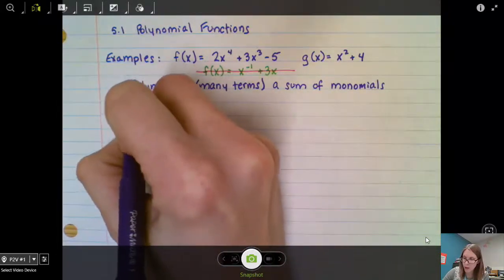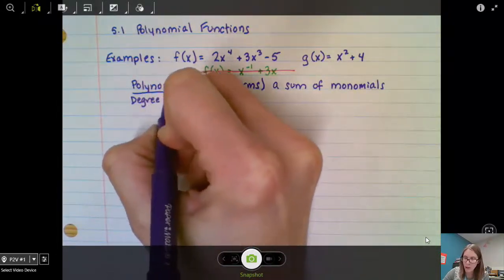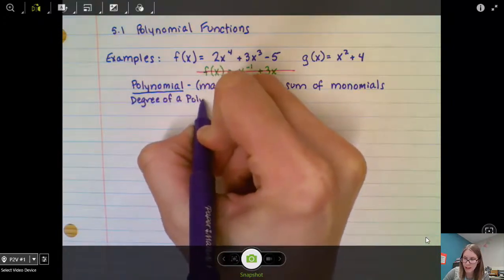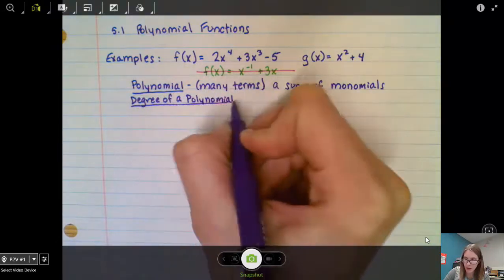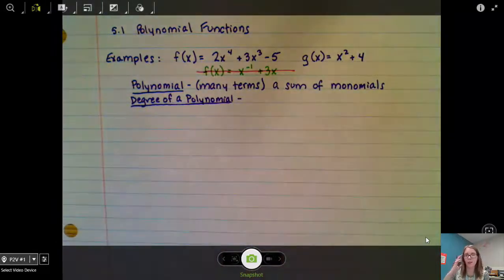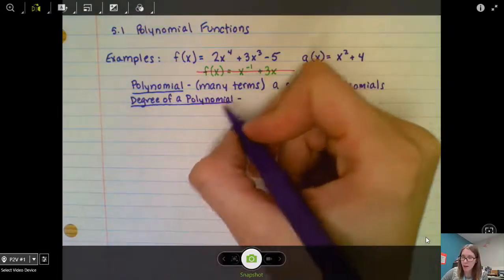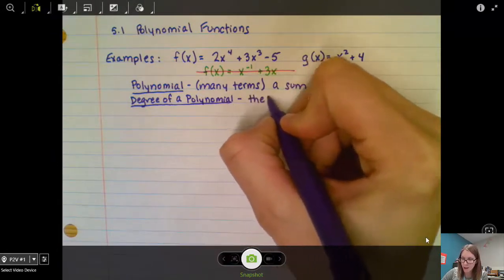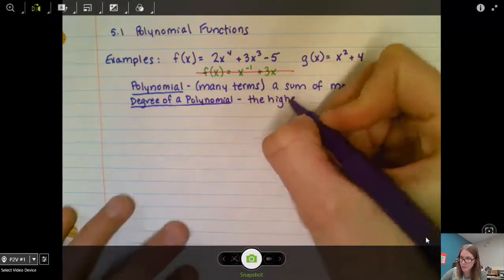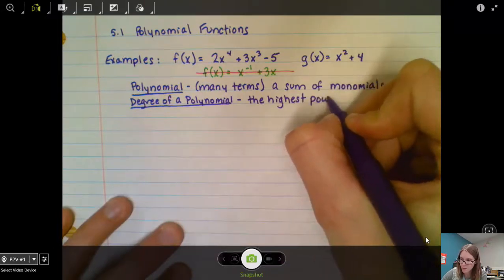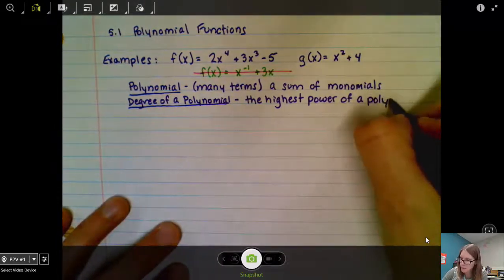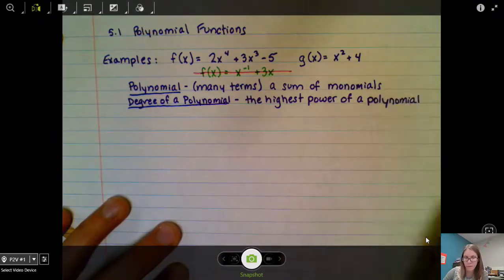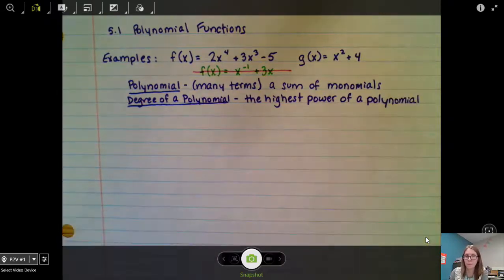Okay, a couple other words that go along. Degree of a polynomial. And this idea of a degree is really, really important because degree, as we'll see in a little bit, affects the shape of all of our different polynomial functions. So the degree of a polynomial is the highest power of a polynomial.